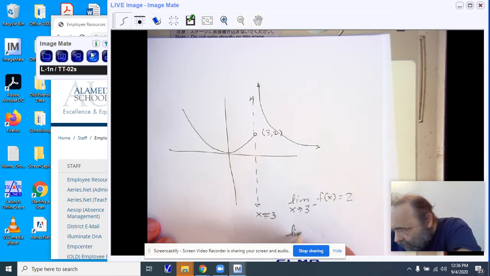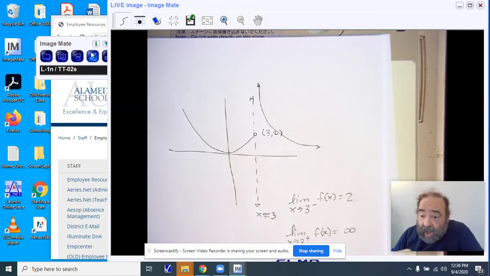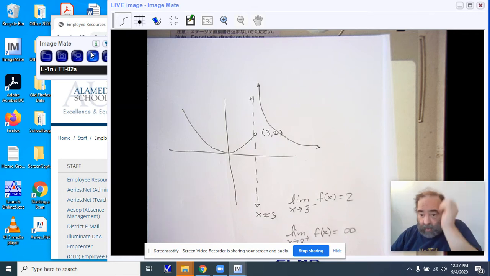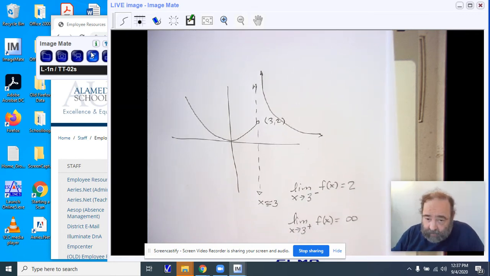But if I am approaching the limit as x approaches 3 from the right, I'm going to have positive infinity because it will never stop. It's going to approach infinitely as it gets closer and closer and closer to that asymptote. So my answer is positive infinity. Notice that we can have different things happening, and it all depends upon the graph that we're looking at.